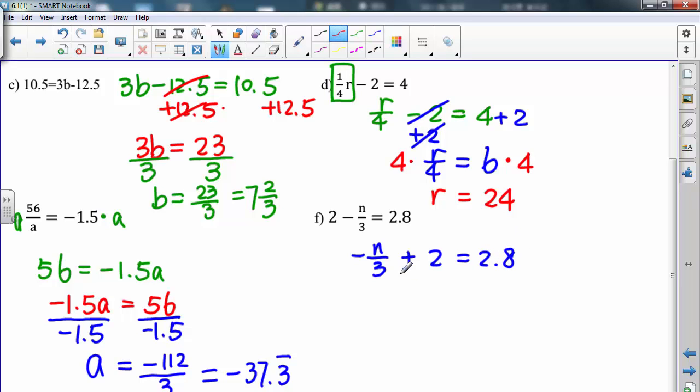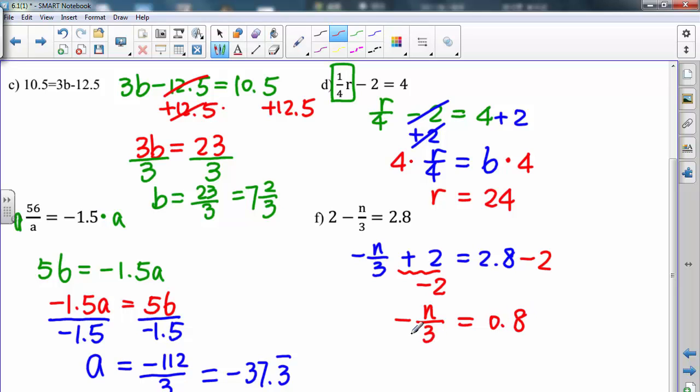So then you will see I have plus 2 first. I want to isolate this plus 2 from the entire division. So I subtract 2 from both sides. Then I will have negative n divided by 3 equals 0.8.